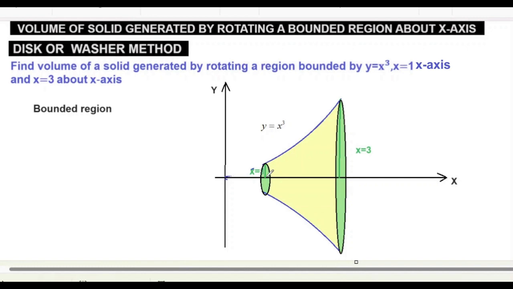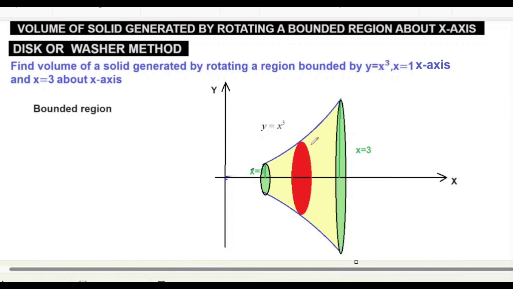Now as we have to use the disk method or washer method, for that we need to take the cross section of the solid perpendicular to the axis of rotation. Here the axis of rotation is the x-axis, so we will take the cross section perpendicular to the x-axis, which is going to be like a disk.